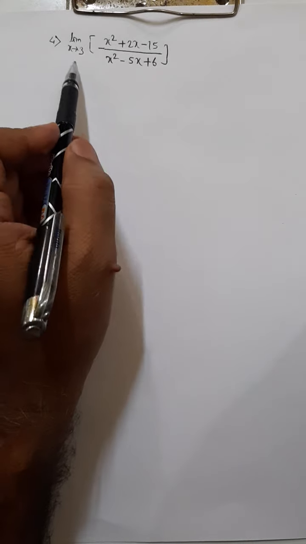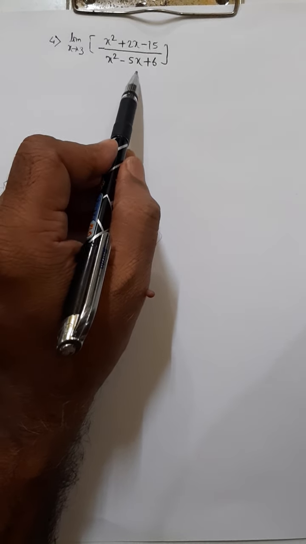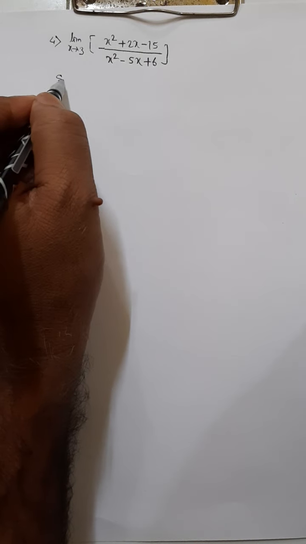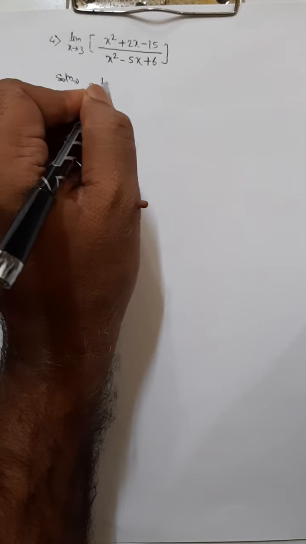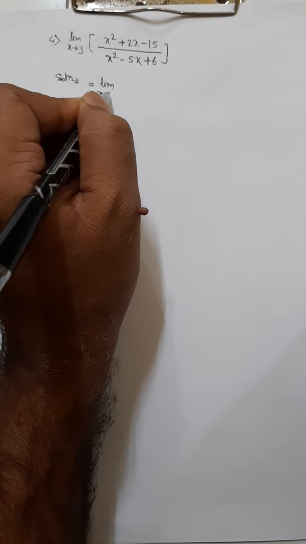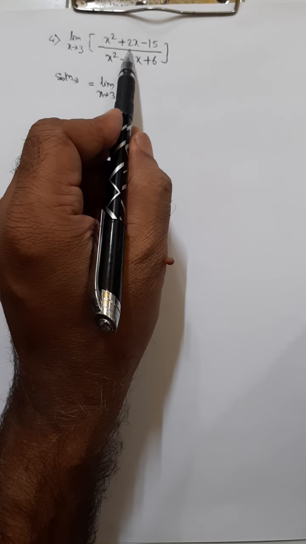Then evaluate limit as x tends to 3, (x² + 2x − 15) divided by (x² − 5x + 6). So factorize both numerator and denominator. So it is equal to limit as x tends to 3. Factorize −15 such that their sum is +2.